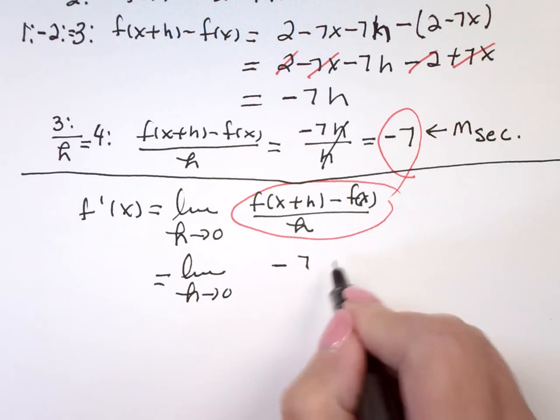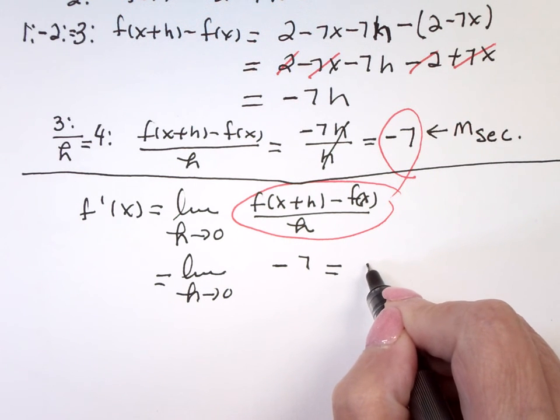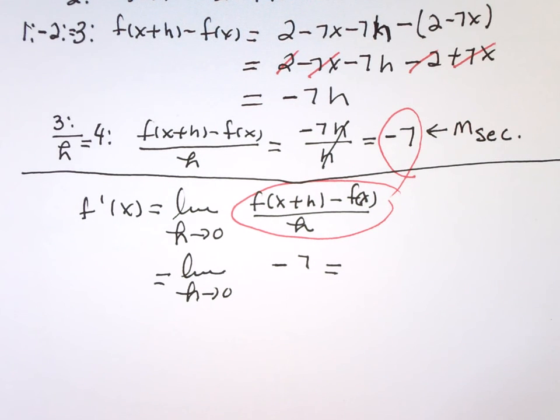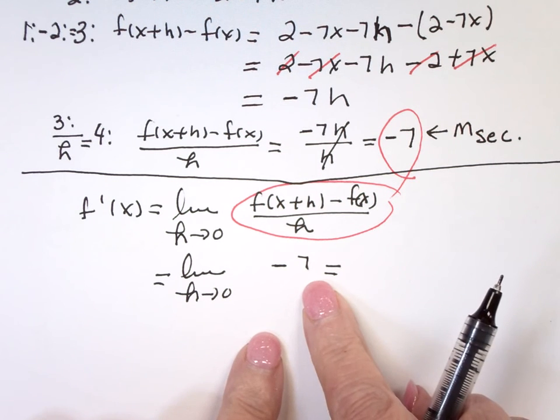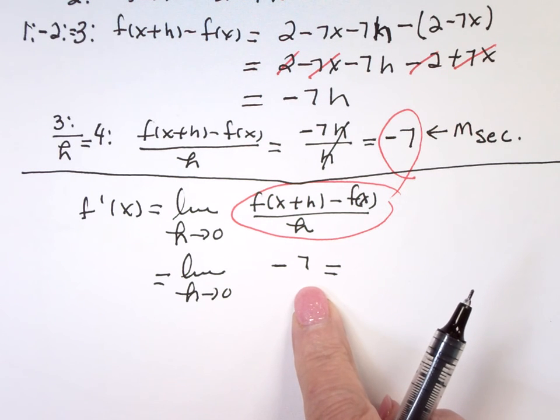And what's the limit as h goes to 0 of negative 7? Is there an h with negative 7? Do you see an h here? So as h goes to 0, what happens to negative 7?